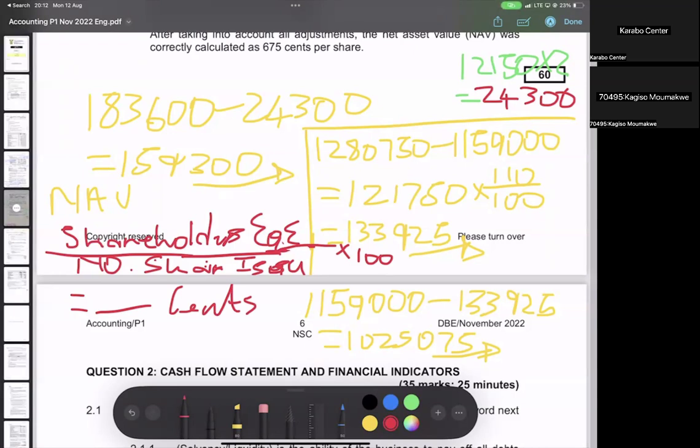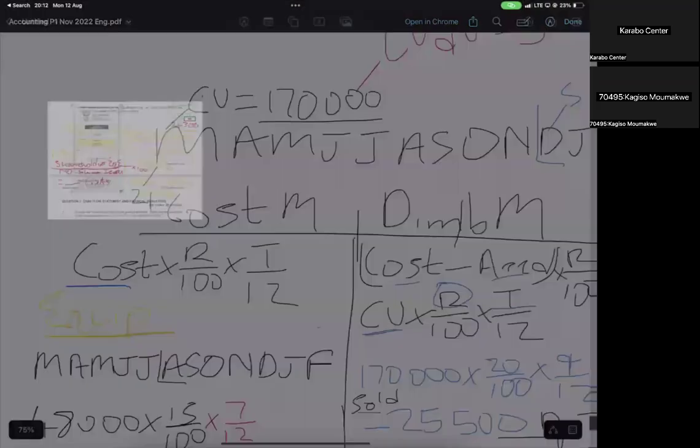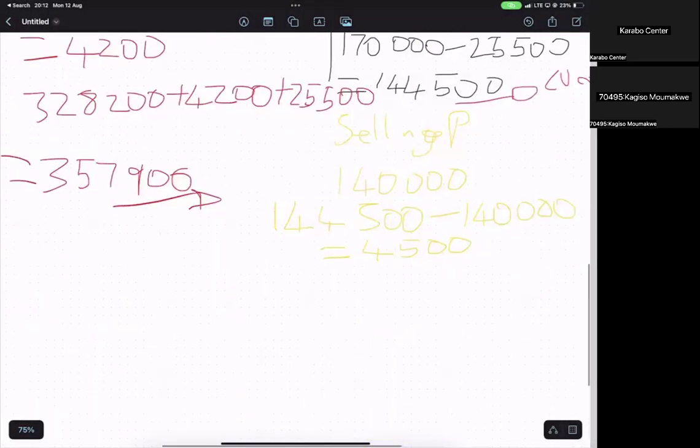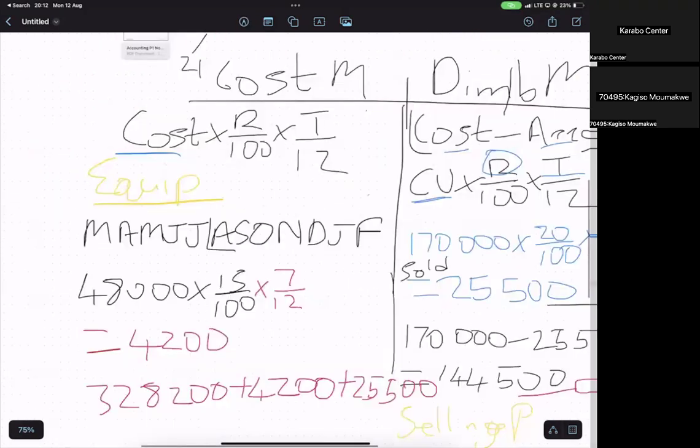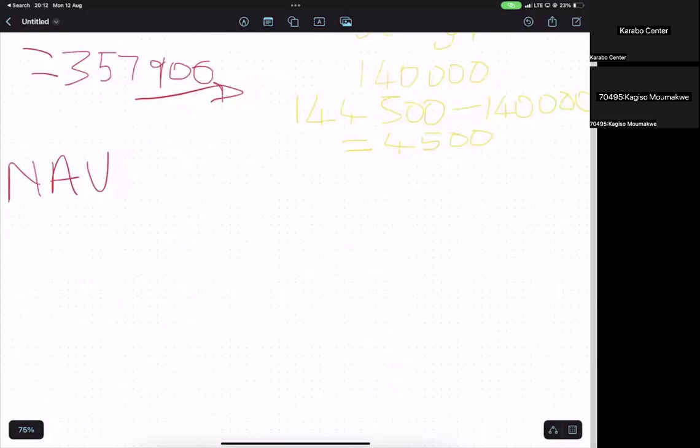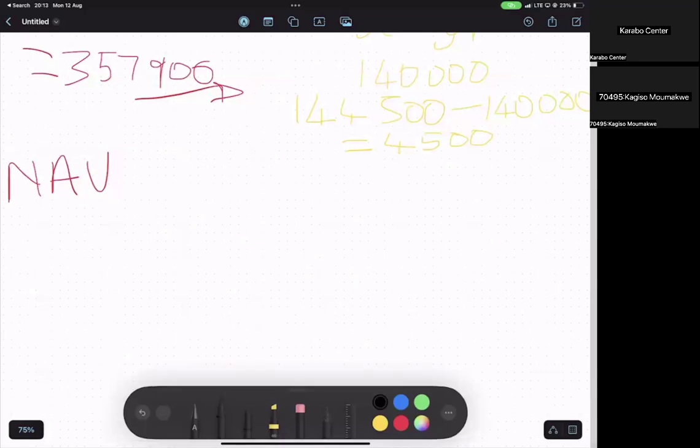So I want us to write down what we already have. What we already have is our ordinary share capital, which is 6,670,000.